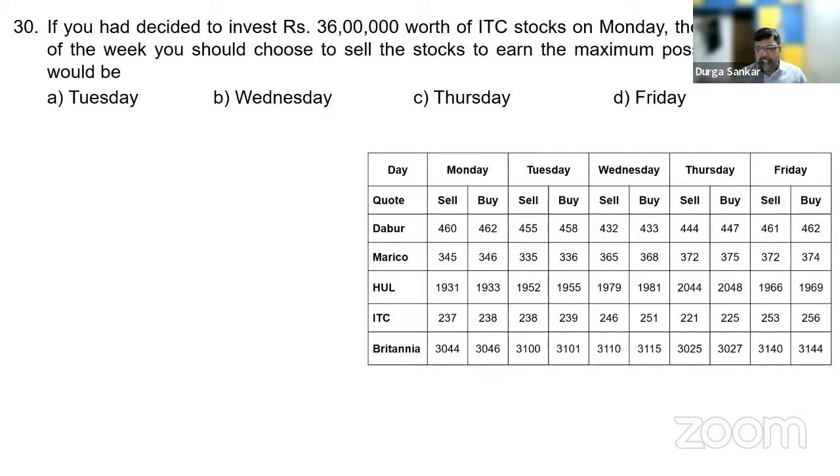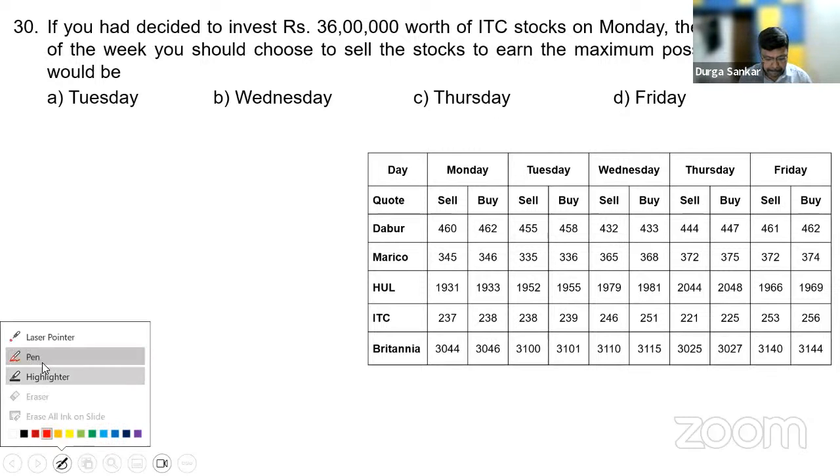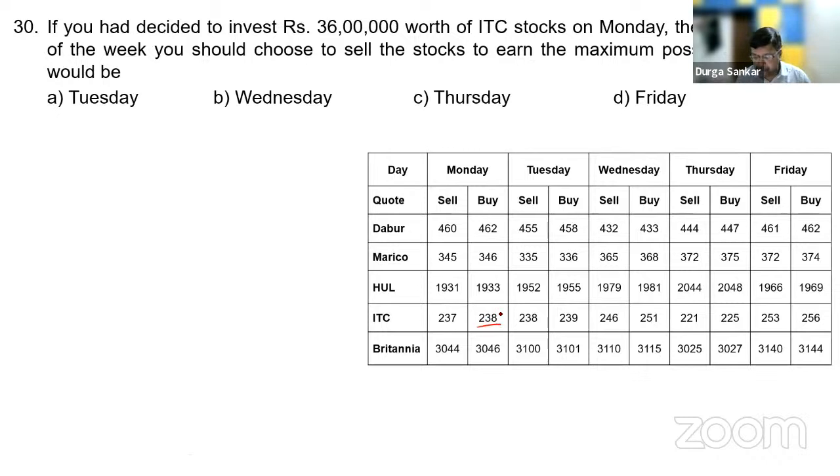Now, if you had decided to invest 36 lakhs worth of ITC stocks on Monday, then the day on which you should choose to sell the stocks to earn maximum possible profit would be. Now, ITC buying price on Monday is 238. Which day should I sell to get maximum profit?